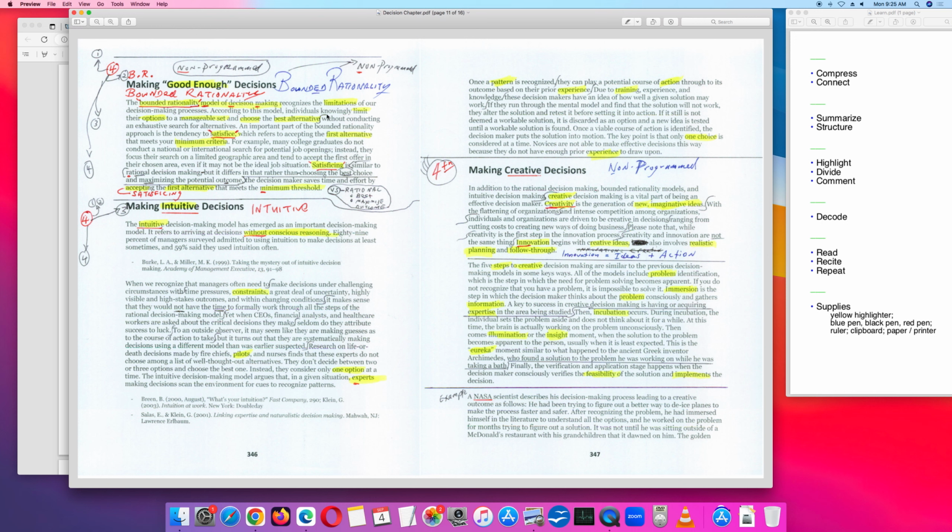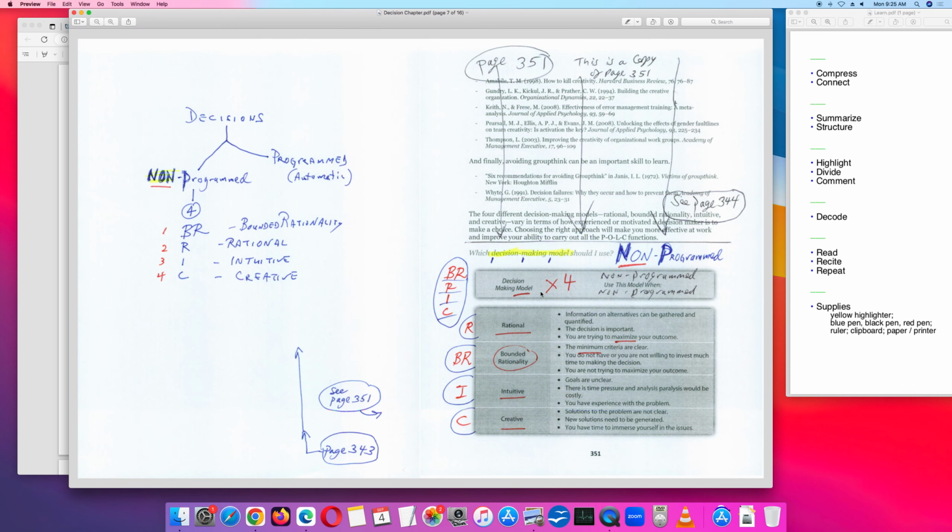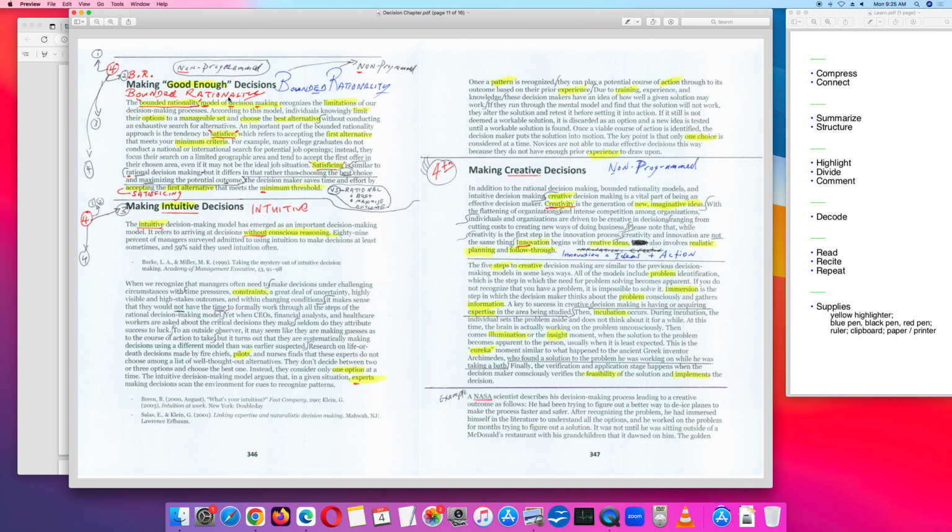But this header doesn't have that word. So this table has rational, bounded rationality, intuitive, and creative. This header should say bounded rationality. But the header here is making good enough decisions. So I'm thinking, where does this all fit in? So once I realized, oh, this paragraph's about bounded rationality, so I wrote this in.